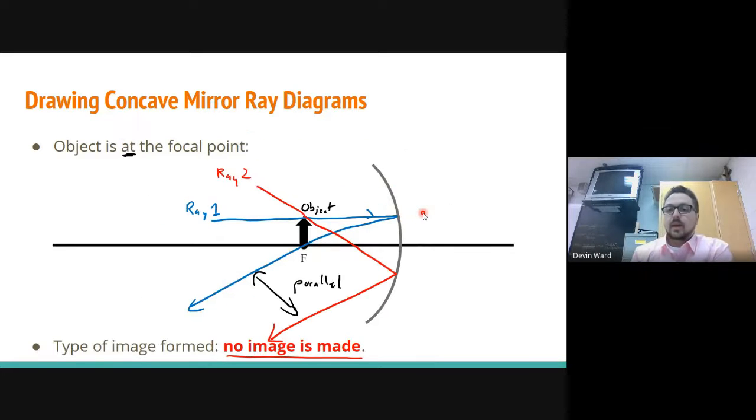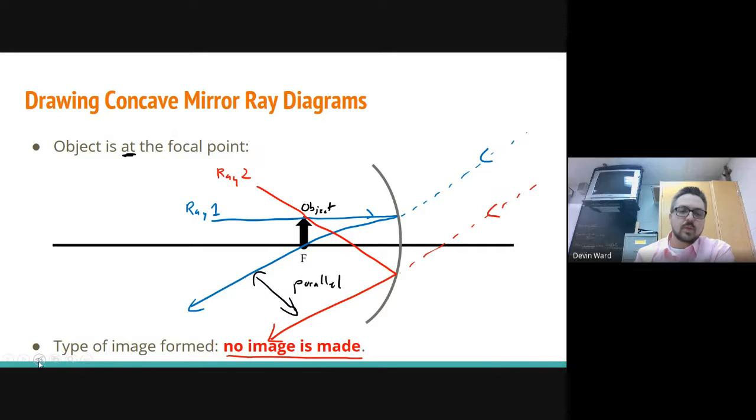The reason why we can't make an image over here is because these two lines are never going to touch. If they're parallel here, we extend the reflected ones back. Or this is back on the last one.